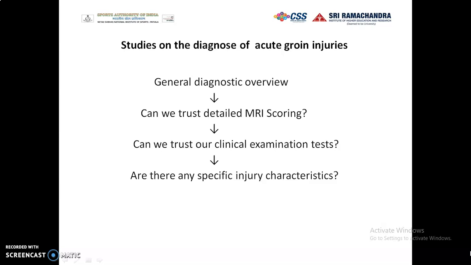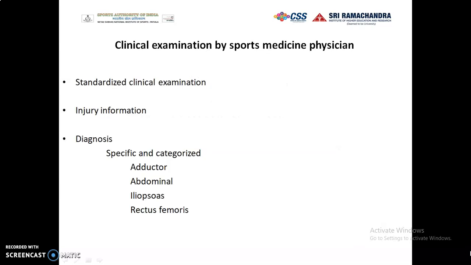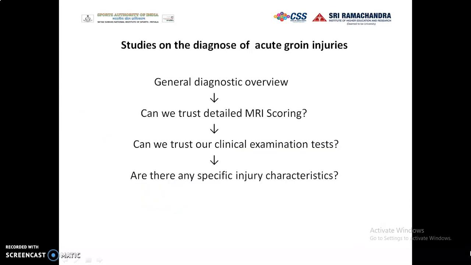And definitely, can we trust our clinical examination tests with the help of sports medicine physicians? Then you go back, reassess, and reconfirm with the MRI, and you'll also be able to find if there are any specific injury characteristics. Yes, there are specific injury characteristics. Let's look at them in the next slides.